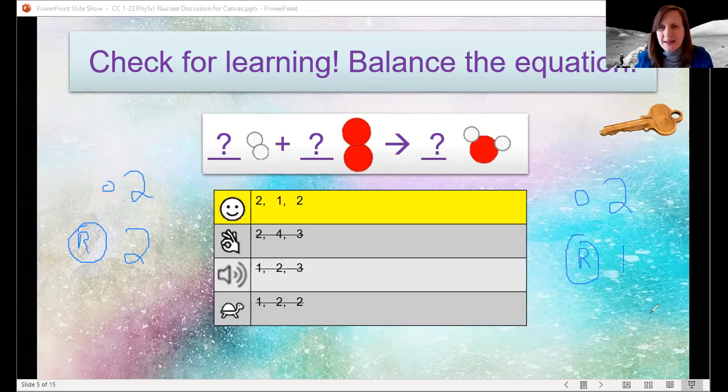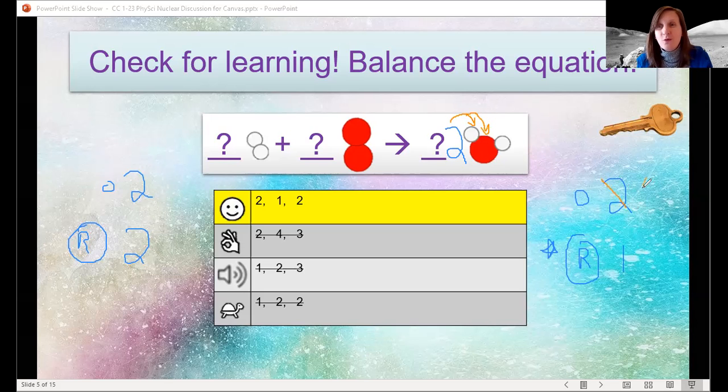And so to balance these, I need to increase my reds over here in the products. So I'm going to put a 2 as a coefficient there. If I put a 2 there, that distributes to all the atoms in here.